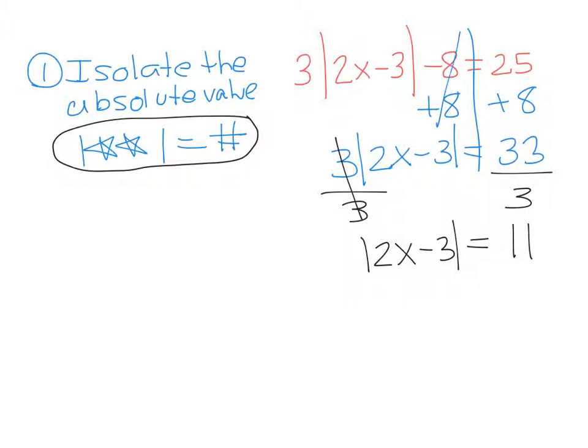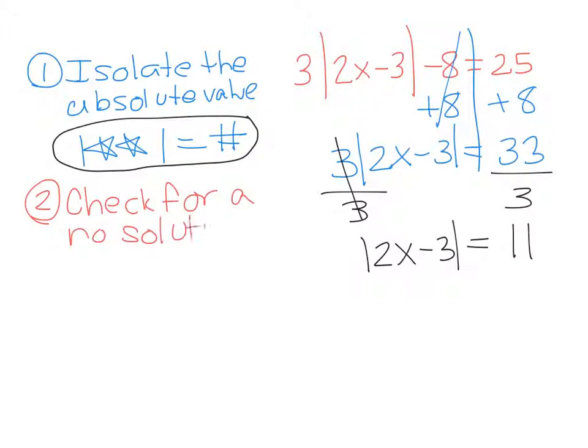Once you have your absolute value isolated, the next thing you need to do is check to make sure there's actually a solution. If you find that your absolute value of whatever is equal to a negative number, you have to stop.